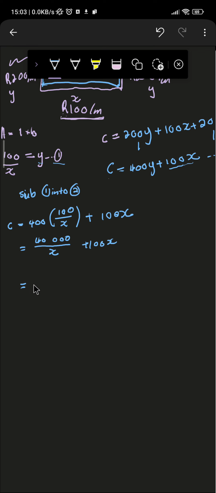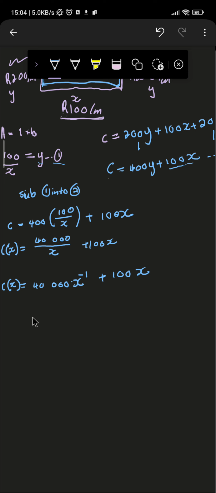Now remember, this is c, in terms of what? In terms of x. So c is 40,000 x to the power negative 1 plus 100x. So we derivate this.